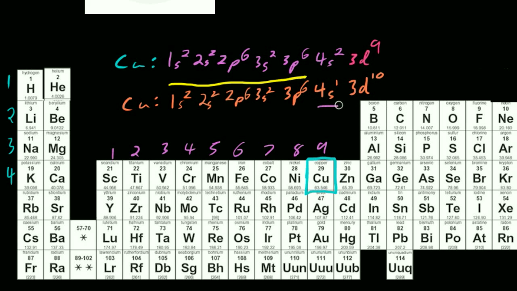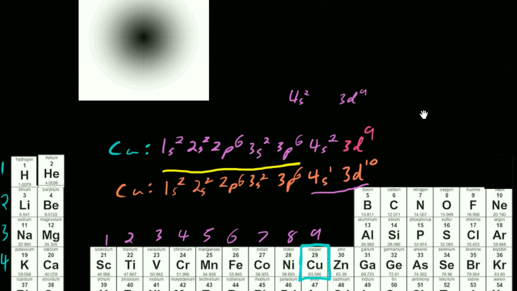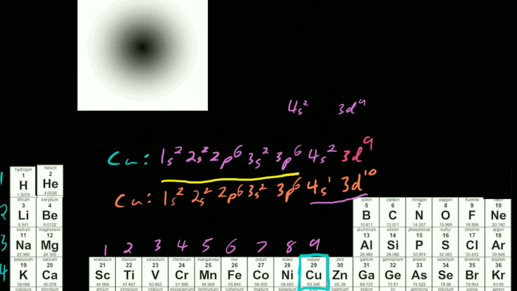But if you did understand it, hopefully you can see that we've got a similar situation where if we had 4s2 and then 3d9, and we had written out an orbital diagram. We haven't really gone into what orbital diagrams are, but say that's our orbital and we can fit 2 electrons in it, and I'll represent these 2 electrons by making 2 notches. We know that we're going to have 5 of these D orbitals.